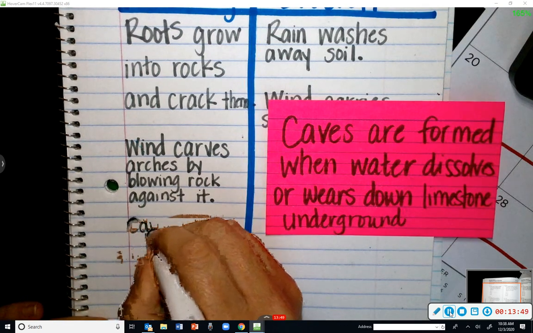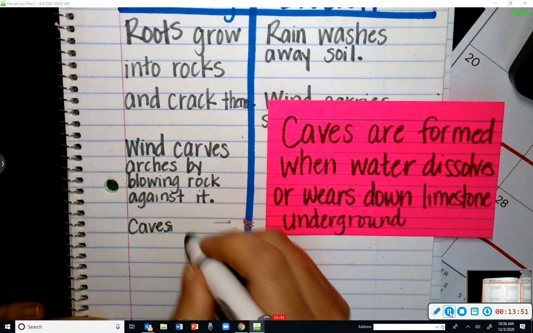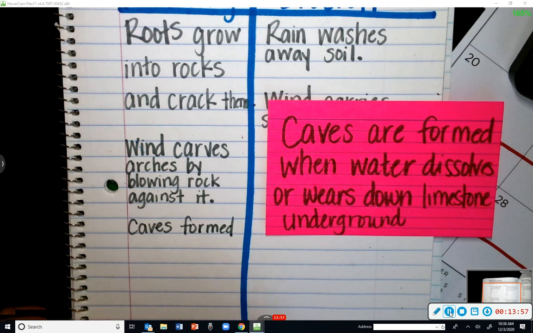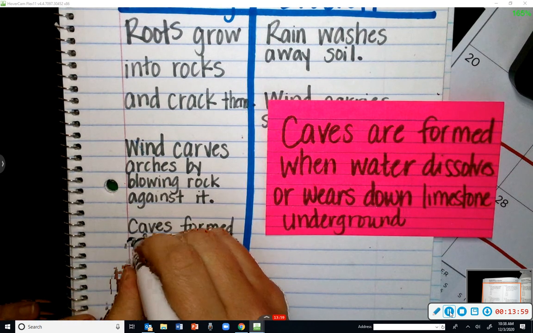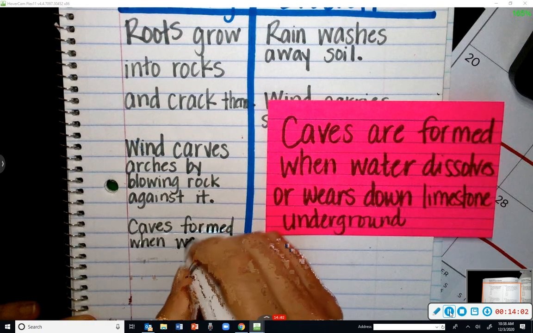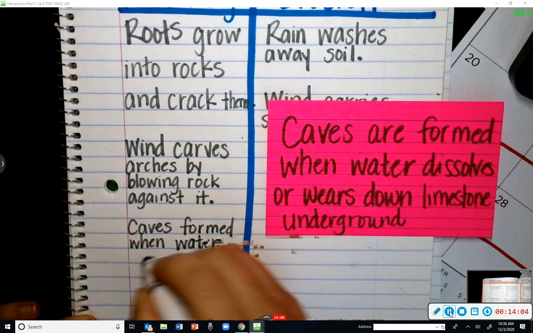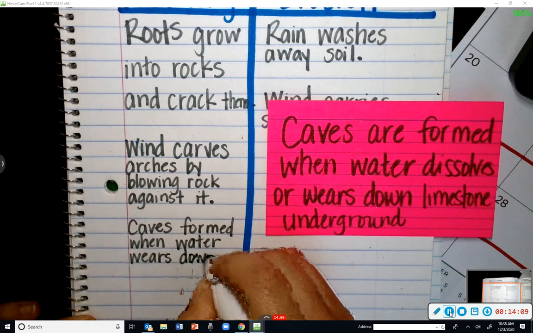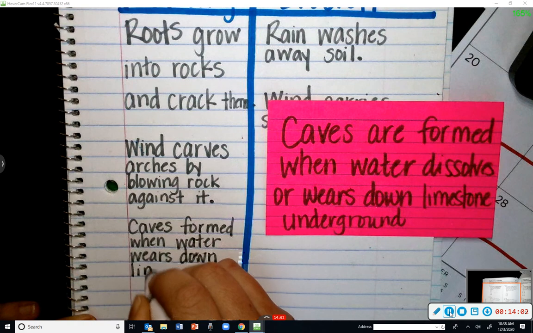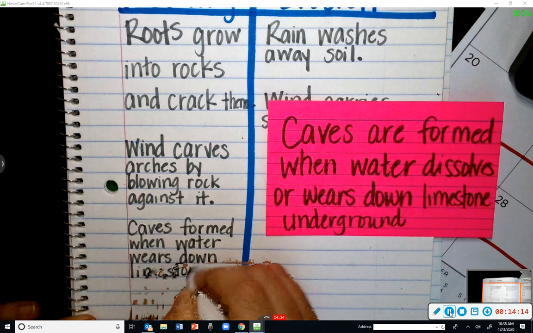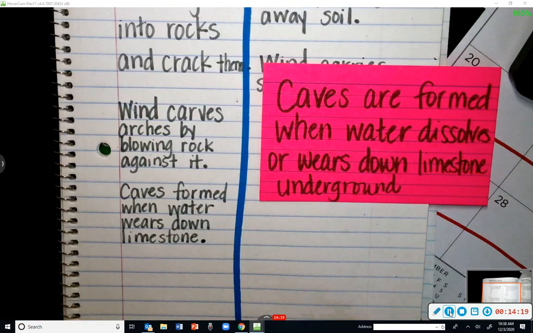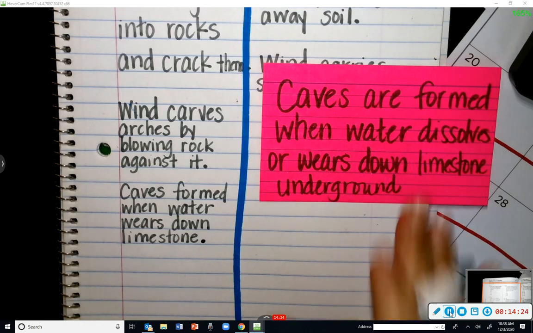Caves formed when water wears down limestone. Limestone is just a type of rock. Caves formed when water wears down limestone. That's an example of weathering.